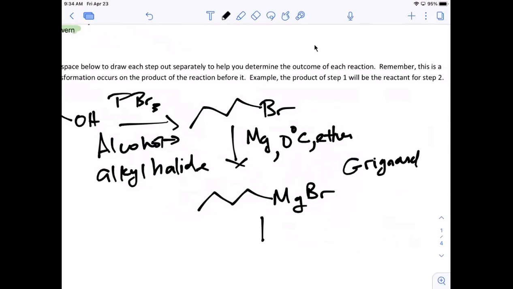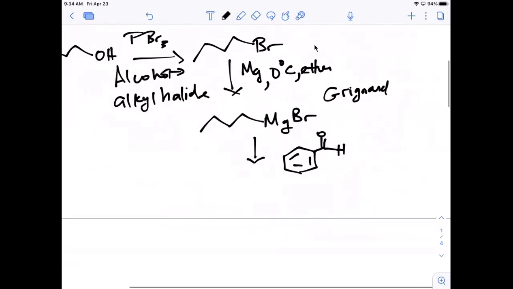All right. Somebody from room 4. What happens when I take the Grignard and react it with benzaldehyde? What am I going to get from that?